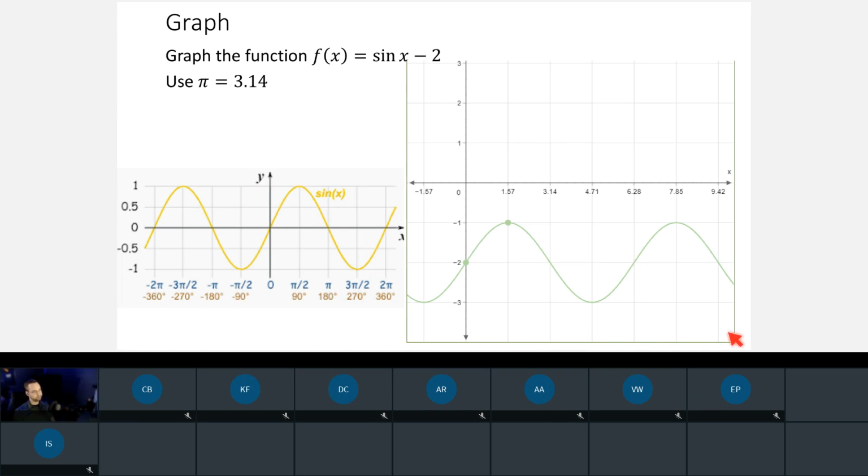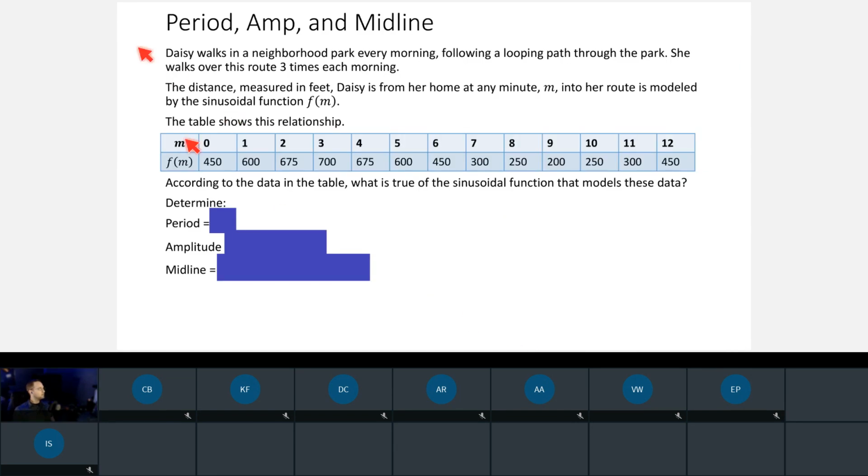So, all right, let's go on. Okay, period, amplitude, and midline. All right, so this word problem says Daisy walks in the neighborhood park every morning following a looping path through the park.